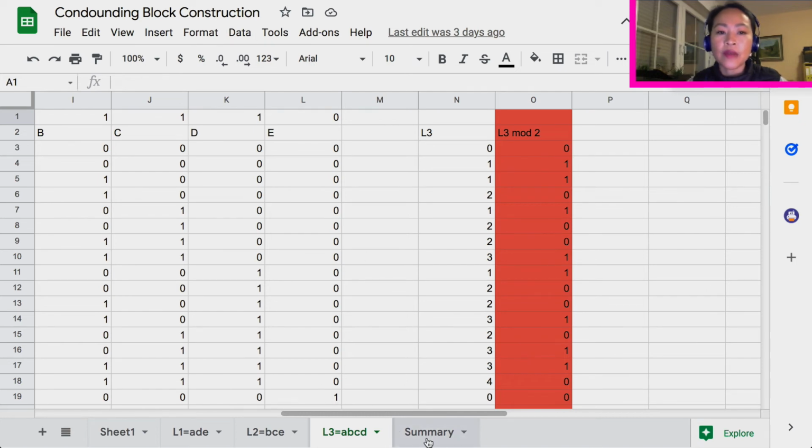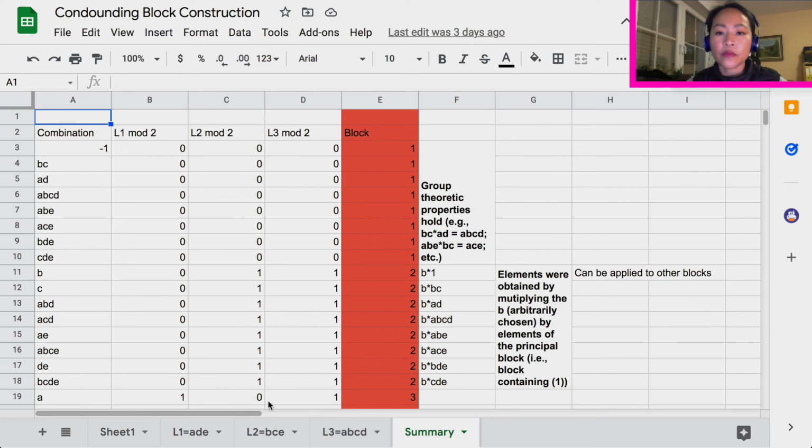Now in summary, these would be the values of L1 modulus 2, L2 modulus 2, and L3 modulus 2. If we try to group these values, we would actually have 4 groups. One where all the values are 0 for L1, L2, and L3 modulus 2.